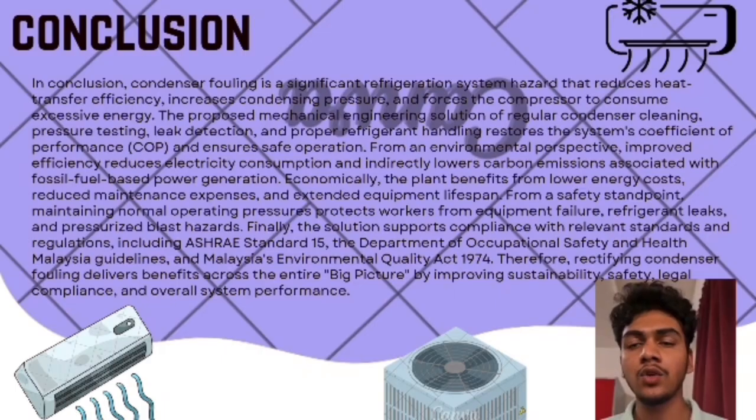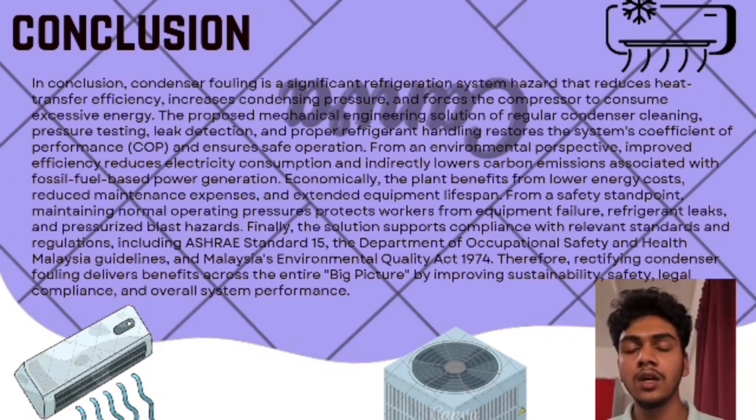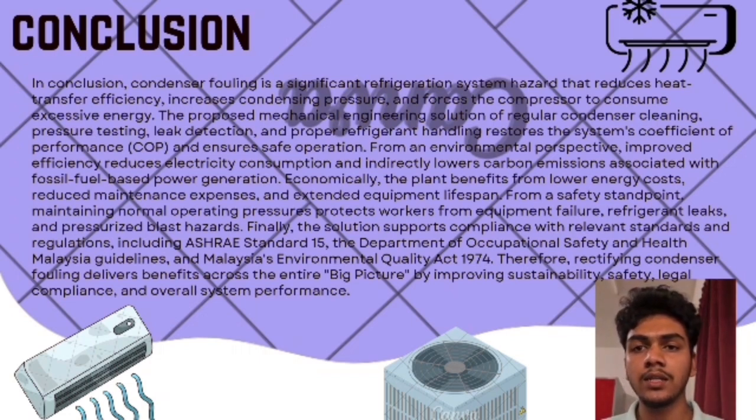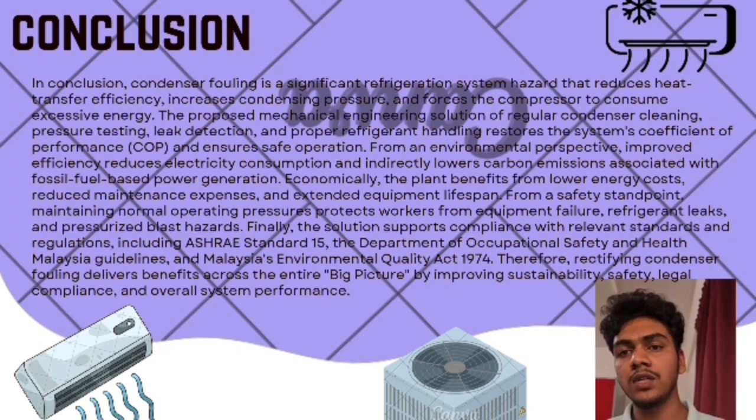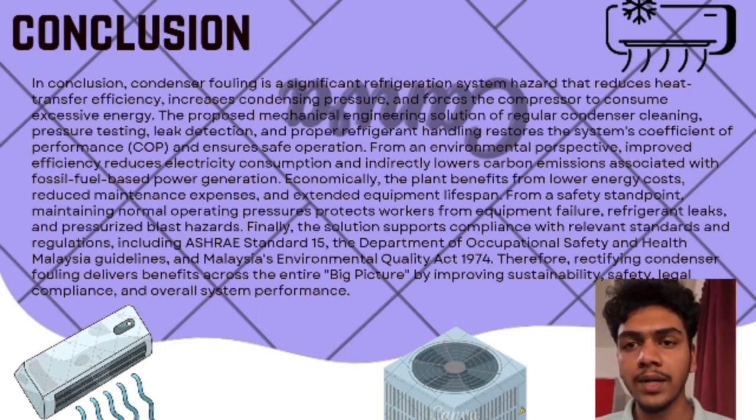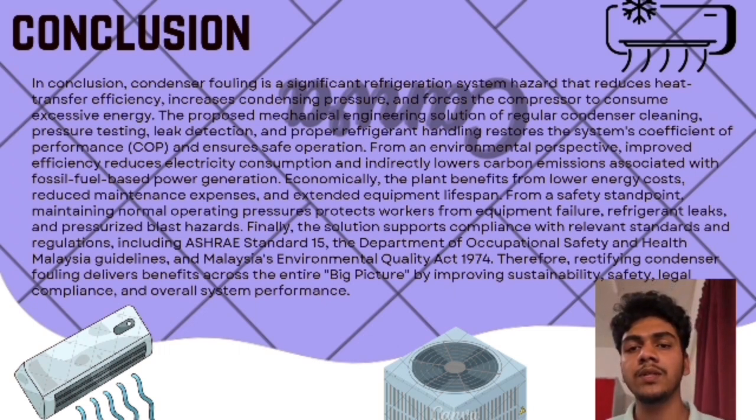Therefore, addressing condenser fouling is not only a technical necessity but also an important step toward legal compliance and responsible engineering practice. In conclusion, condenser fouling is a major hazard in refrigeration systems because it reduces heat transfer efficiency, increases condensing pressure, and causes higher energy consumption. To solve this issue, regular condenser cleaning, pressure monitoring, leak detection, and proper refrigerant handling should be implemented. These measures improve the system's coefficient of performance, reduce operating costs, and extend equipment lifespan.